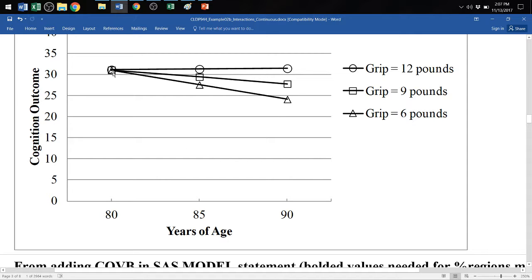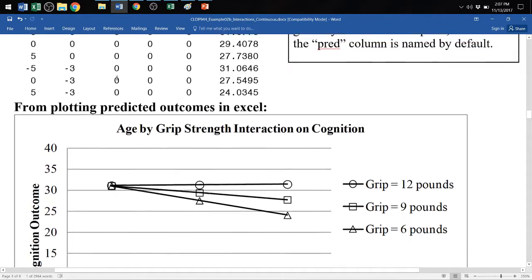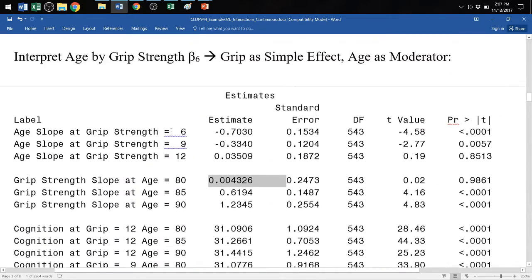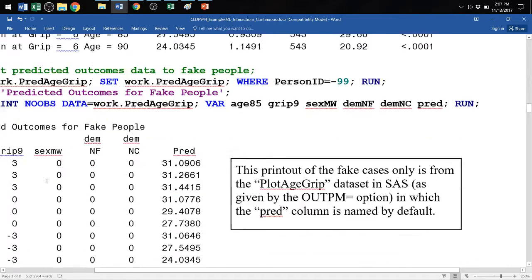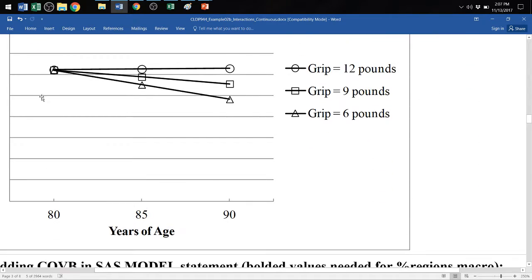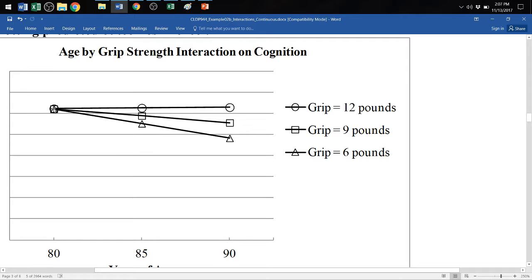Likewise, if I go with the effect of grip, does grip matter if you're 80? No. Here's my significance test for that, by the way. But if I go with visual analysis, which is actually a thing, I'm going to go with no on this. How about this one? And this one?